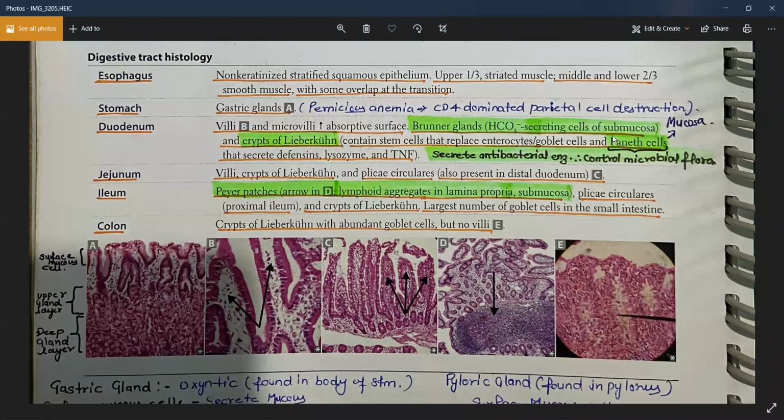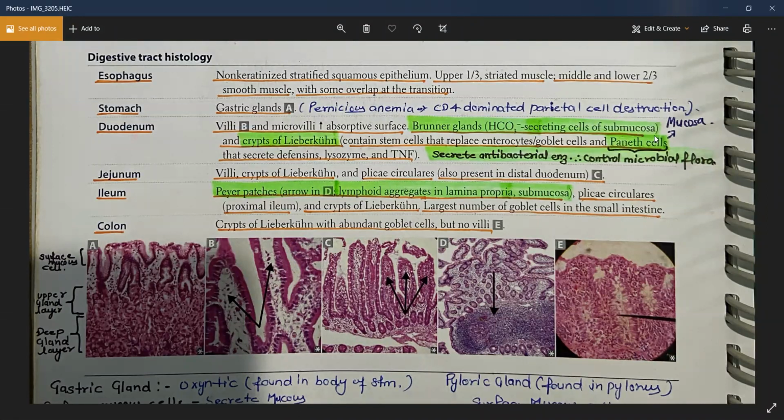They secrete antibacterial enzymes that control the microbial flora. So these are the Paneth cells, which are found in the mucosa. Please remember the function of the Paneth cells and the Brunner's glands and the location of these glands.